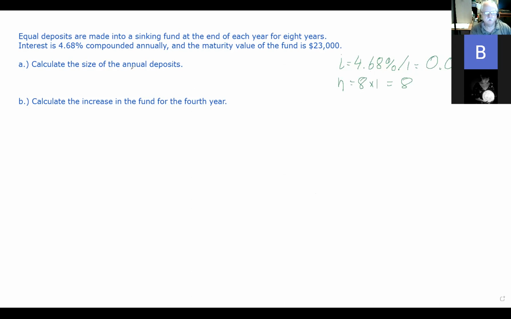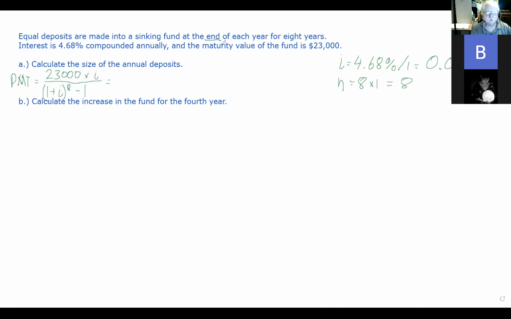So we're looking for the payment, the deposit. Payment equals future value, 23,000 times I, over 1 plus I to the power of 8, minus 1.